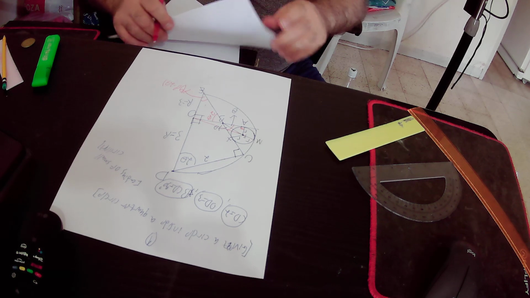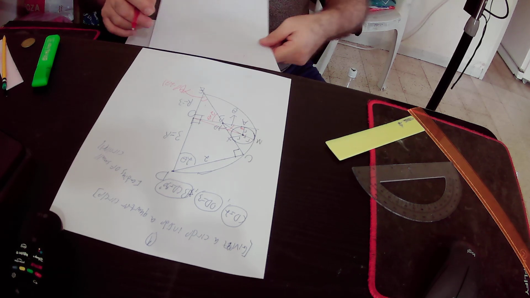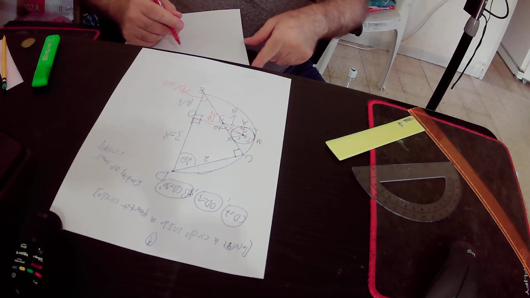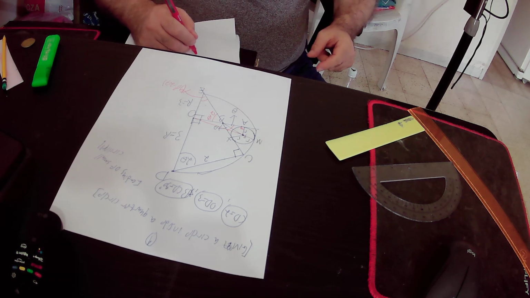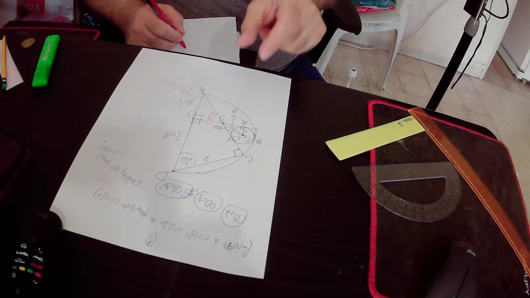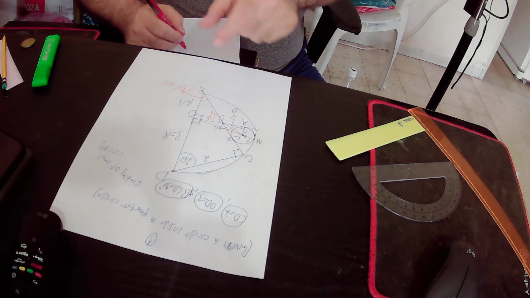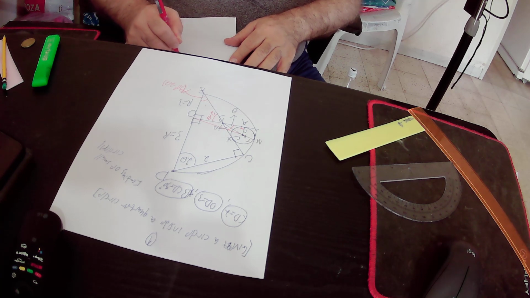And what is the size of AB? From the drawing you can see that AB equals AO minus BO.